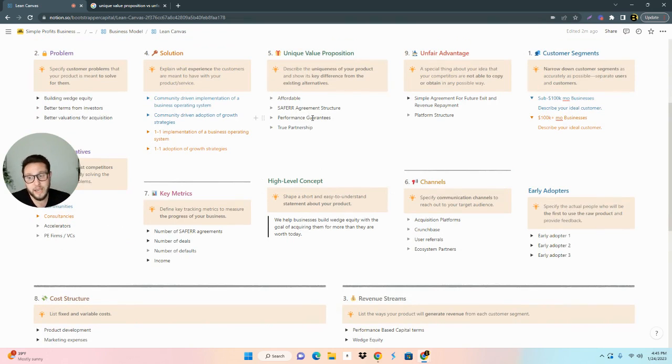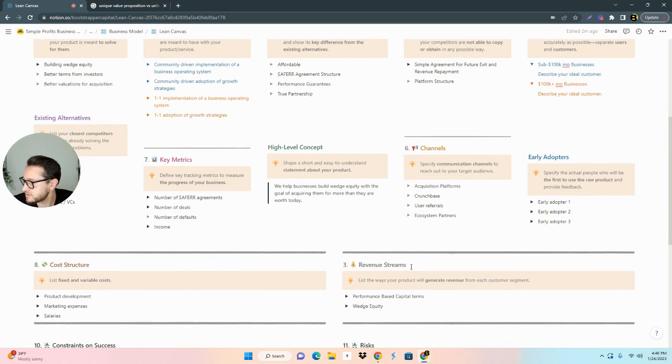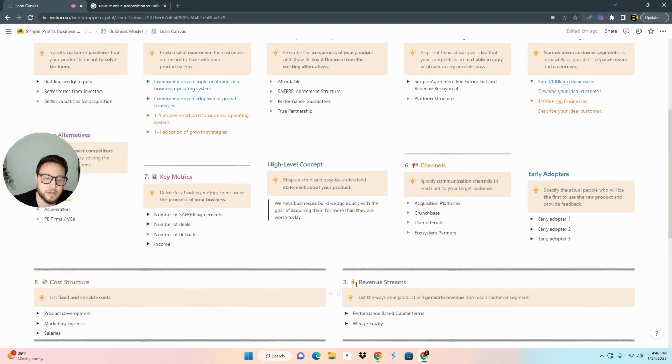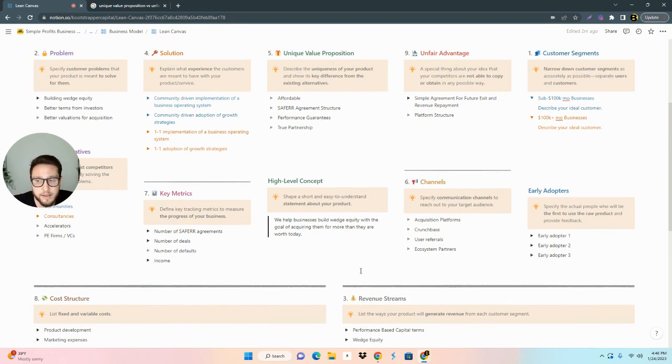And it's through the equity that we actually build on the partnered, aligned upside that allows us to then also do deals and make money, right? So we make money, cash flow from the performance capital terms, and then the second is from the wedge equity. Think about the ways in which you make money, write them down, try to connect them specifically to the customer segments and the problems that you're solving, right?